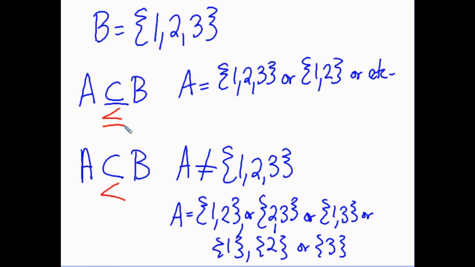This one has to have less elements in it. This one can have less elements, or it can be the exact same number of elements. Does that help? Yeah. Okay, it kind of looks the same, but it's the rounded one instead of a pointy one. But they work the same as a less than or less than or equal to. So if you're a subset, you can also be equal to the whole set. But if you're a proper subset, you're proper. You're not equal. You're only a sub. You're small. Does that make sense?